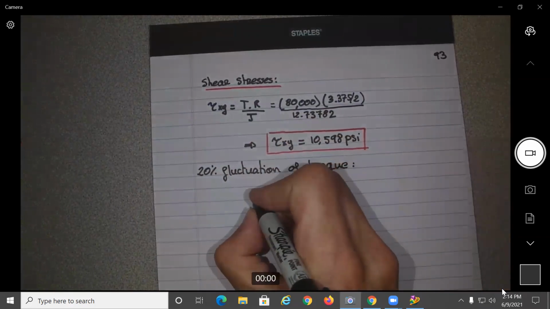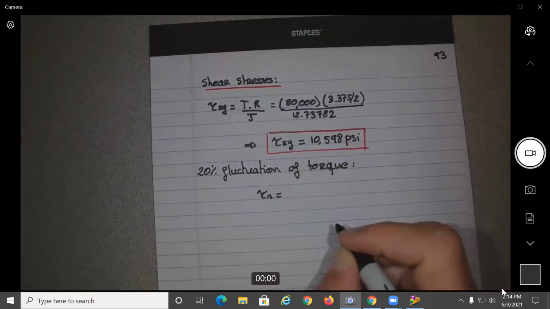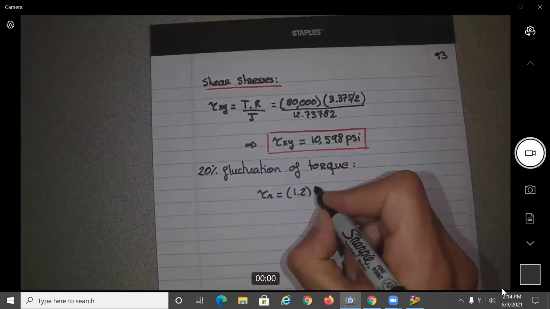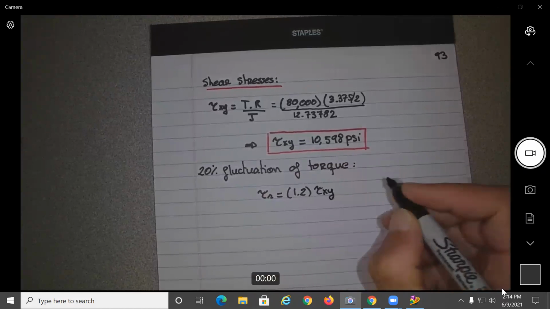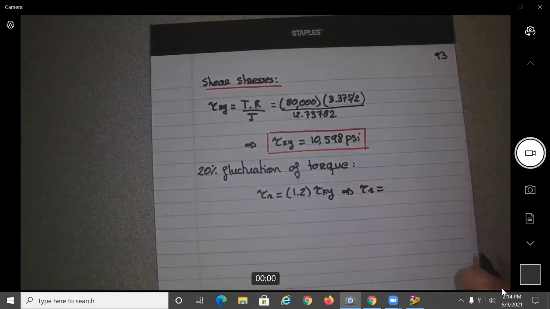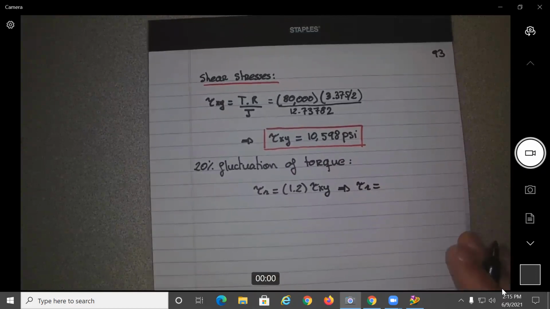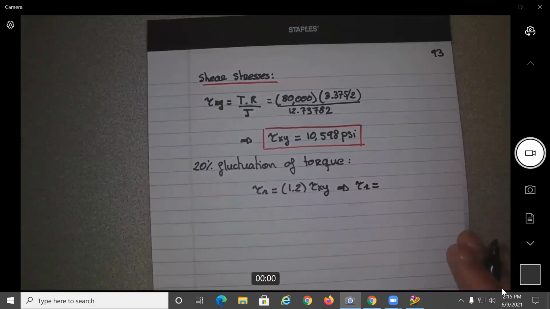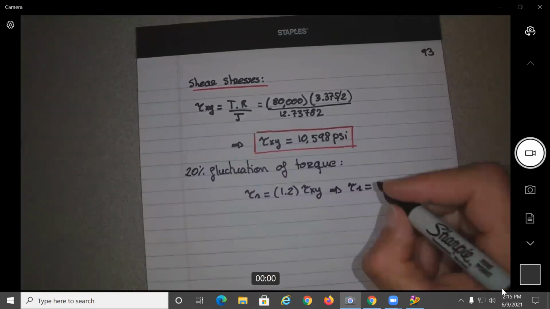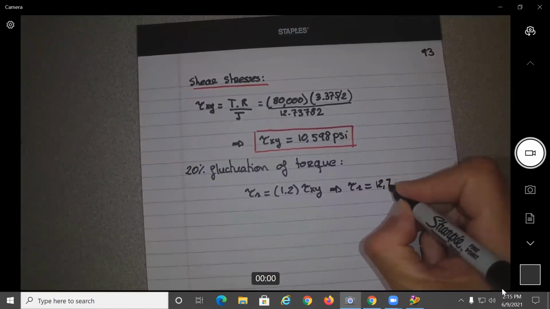So it means what? That the tau sub r we're gonna put will be equal to 1.2 times the tau xy. So what is this value, please? It should be 12 or 13,000 something, I don't know, 12,000 something. 12,707.6.